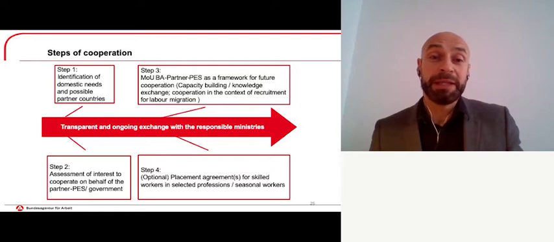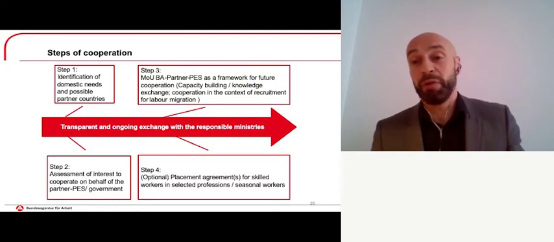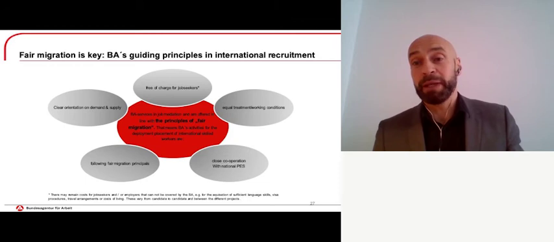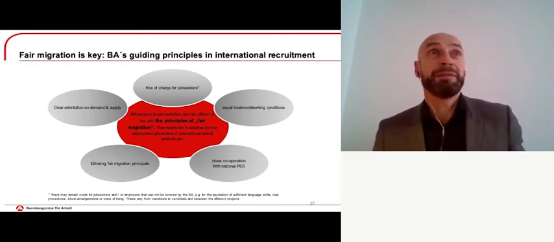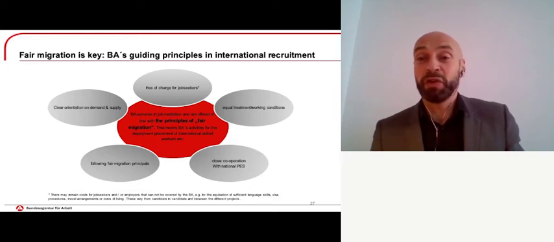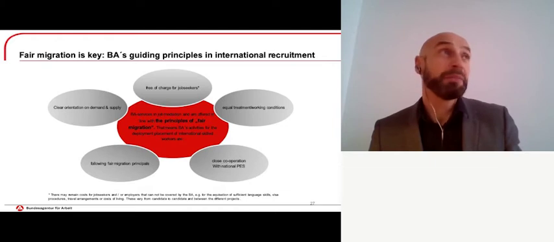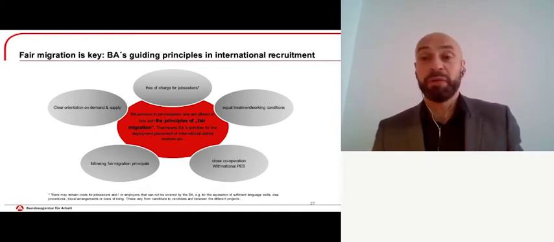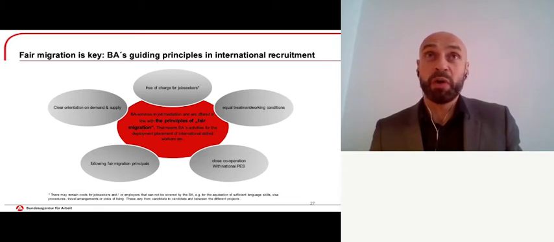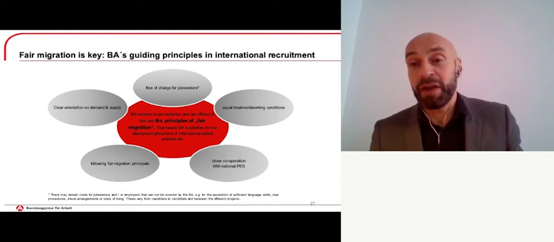And please let me mention this, and this is very important for us, because we see the public employment services, although, as was mentioned by Jonathan, the public employment service and its role is very complex to involve in the recruitment and job placement process for migrant workers. But for us, it's very important. We see the public employment service also as a very important player when it comes to guaranteeing fair migration.